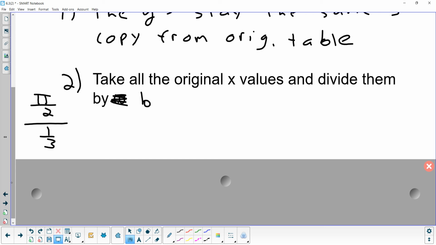But instead of dividing by b, you could also multiply by what? Dividing by b would be the same as multiplying by the inverse. The reciprocal.